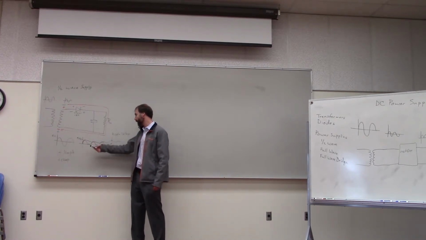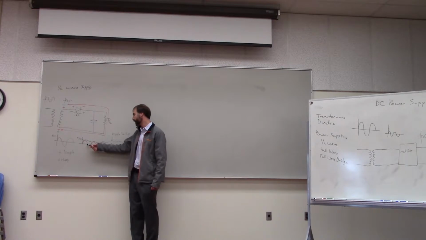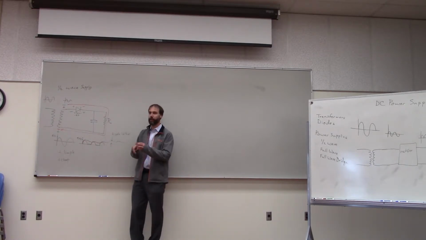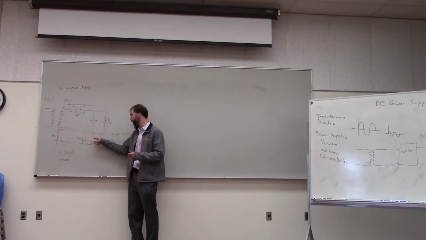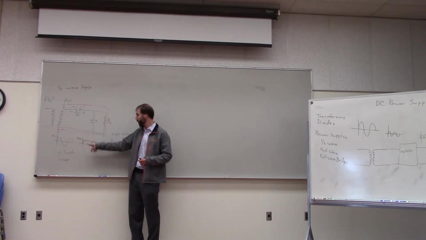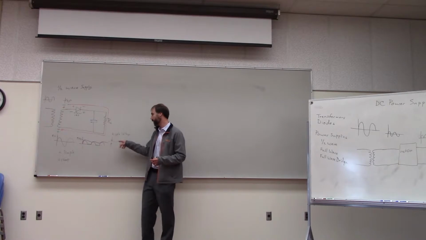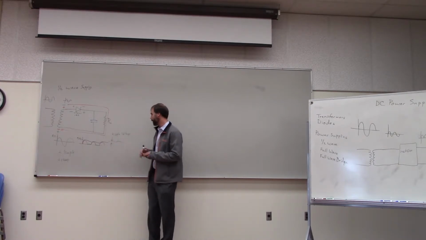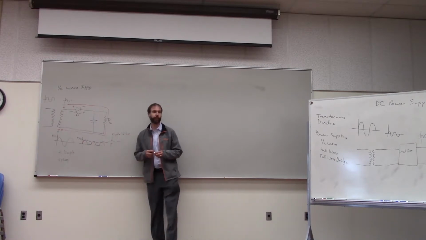We'll see in a minute that other types of power supplies can capture both halves of the signal. And that essentially creates a higher frequency signal as well, because you're getting those bumps in the voltage more often. They're spaced closer together, and so that makes the signal easier to filter as well.